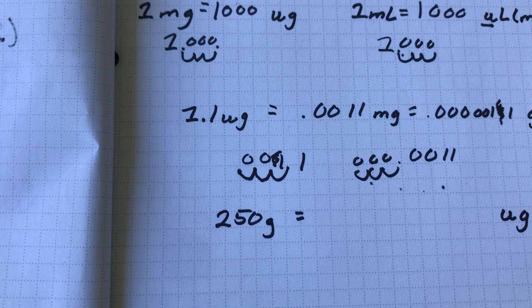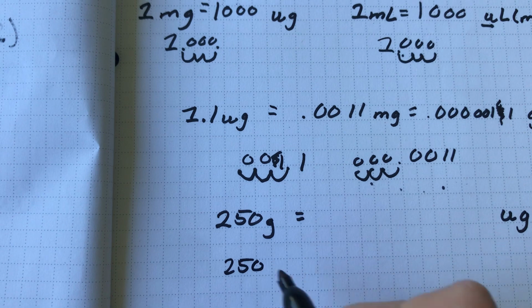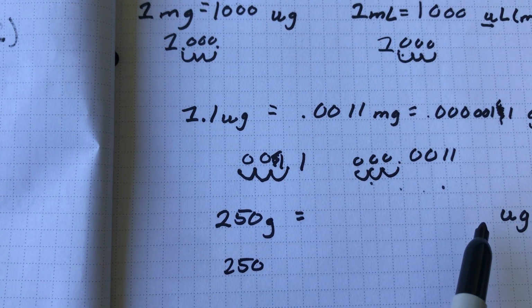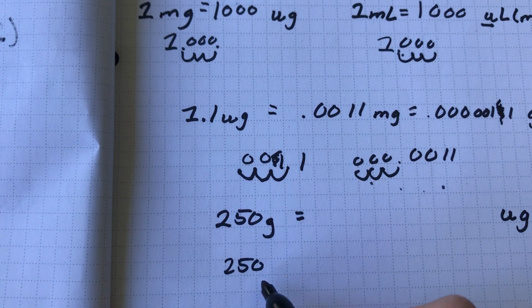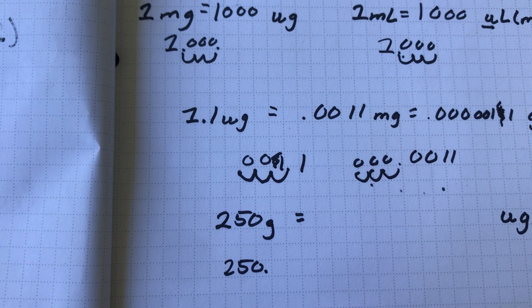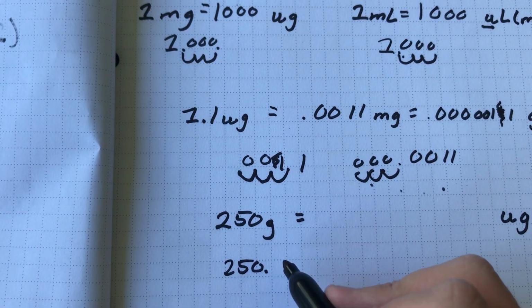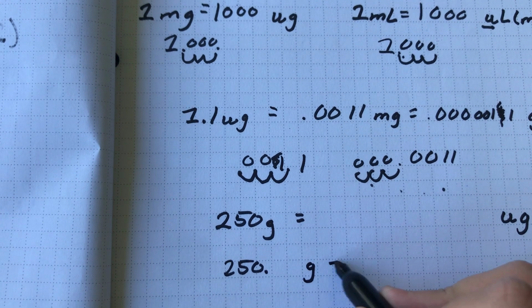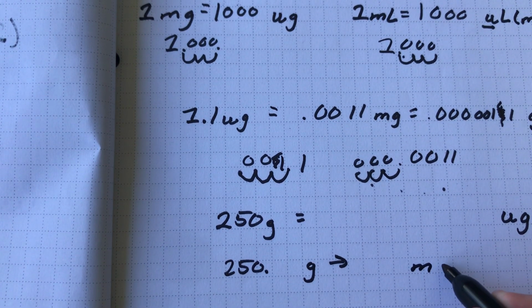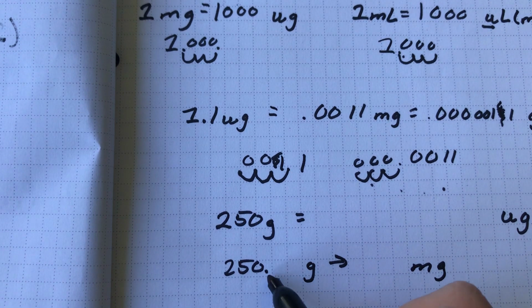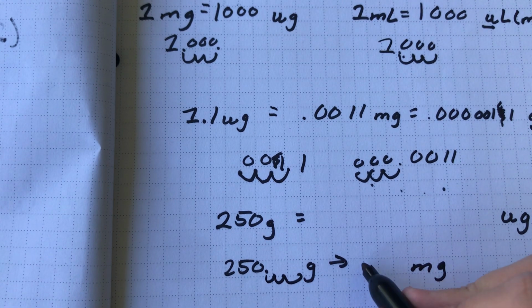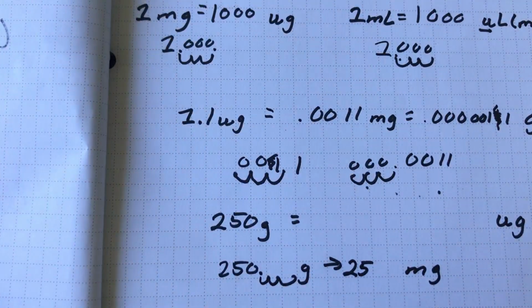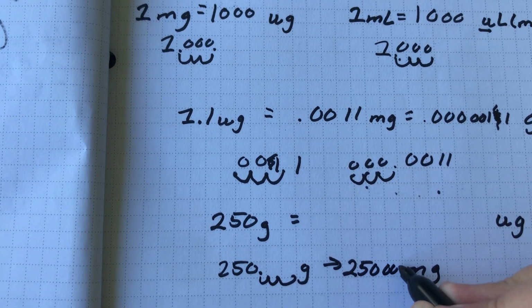Okay. So just like how we did before, we're going to take our grams, 250, and since we're going smaller, and there's more units in a smaller one to equal a big gram, we're going to be adding zeros. So here's your decimal point. We're first going to be going from grams to milligrams. So you're going to take your decimal point, and you're going to go 1, 2, 3 over. So that's going to equal 250,000.